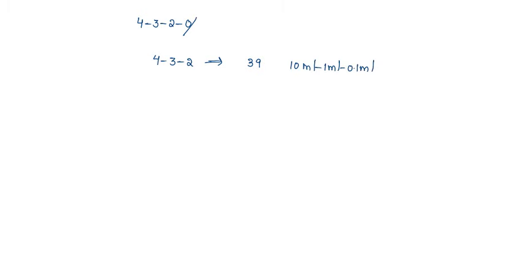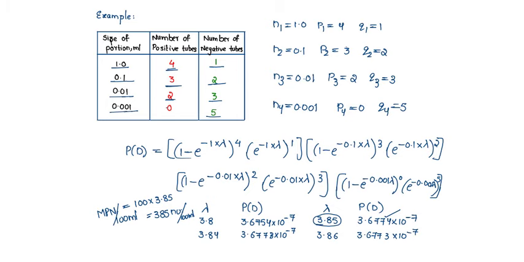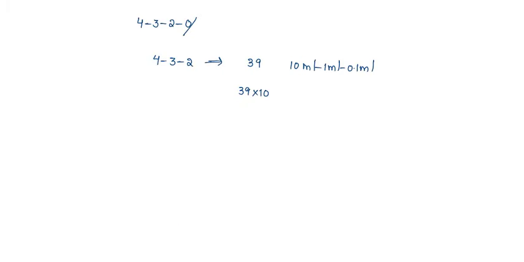To obtain our derived dilution, we need to multiply it with 10, since our dilutions are 1 ml, 0.1 ml and 0.01 ml. So 390 is our MPN per 100 ml using the table.